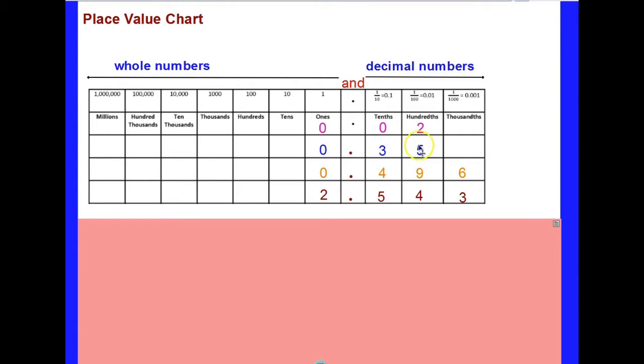Since the 5 is where my decimal ends, it falls in the hundredths place. I'm going to say 35/100ths. This would be 496 thousandths because the 6 falls in the thousandth place. And this decimal would be 2 and 543 thousandths.